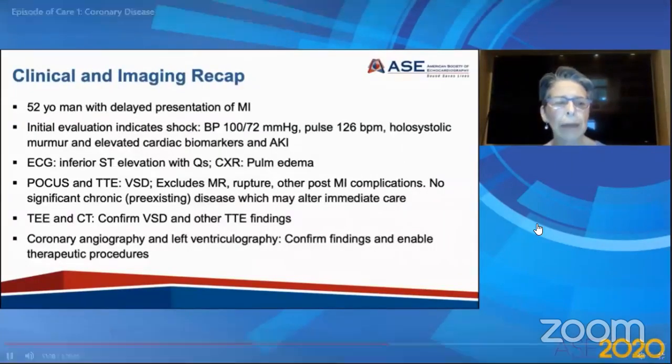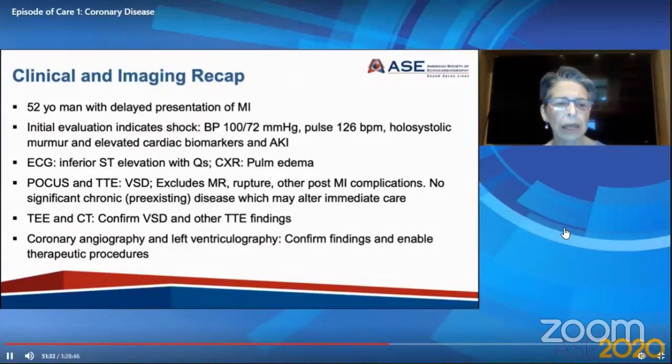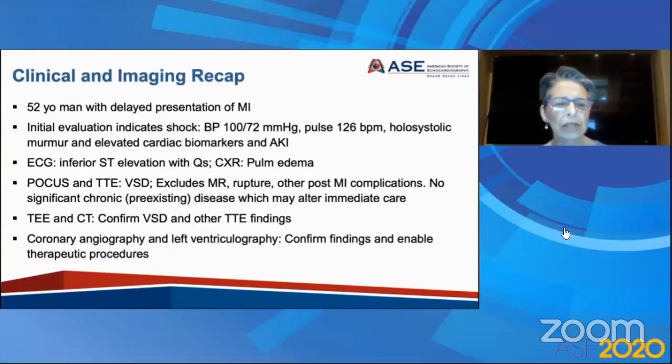So to recap, this is a 52-year-old man with a delayed presentation of MI. His initial evaluation indicates shock, as has been summarized, with clear inferior ST elevation with evolving Q waves and pulmonary edema on initial chest X-ray.